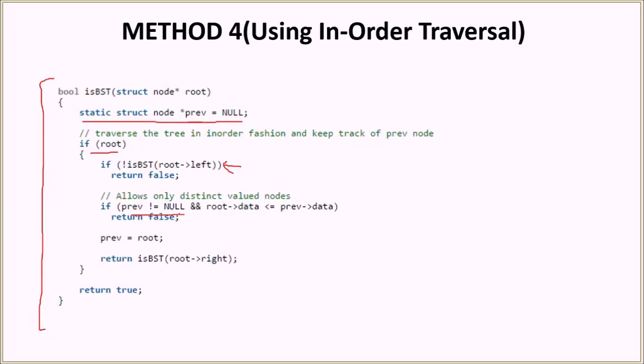So we check if previous is not equal to null, and if the current node's data is less than or equal to the previous node's data, then we return false, because it should be greater than the previous node's data. Then we update the value of previous, and then we call this function for the right subtree. If this condition doesn't return false, then we basically return true.